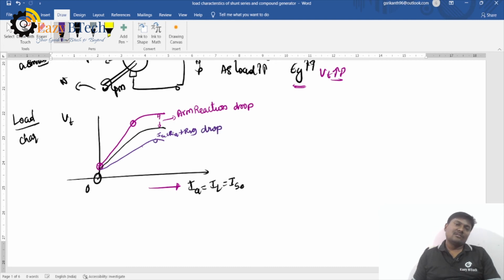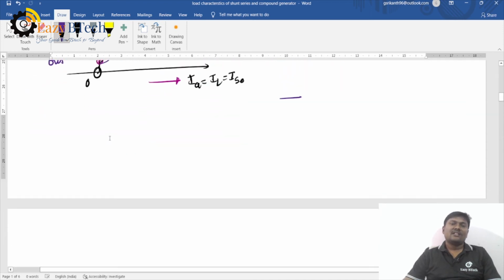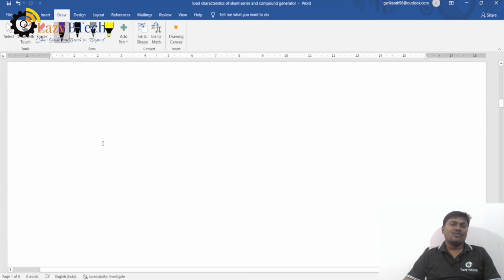So this is the load characteristic of the DC series generator. As load increases, terminal voltage also increases. This can be used as a booster. The major application of the DC series generator is as a booster.